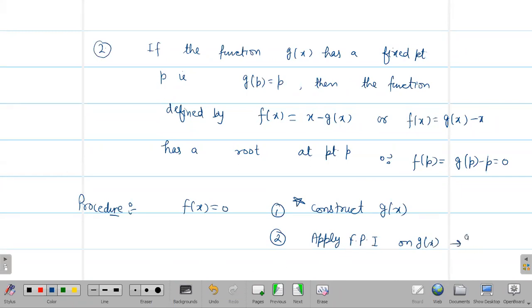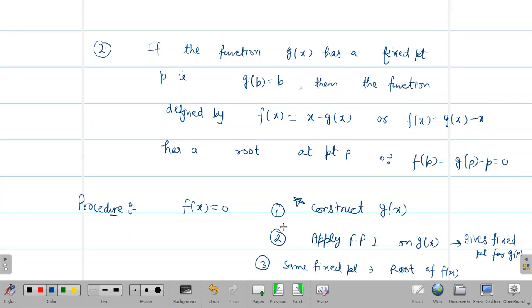That will give you the fixed point for g. That same fixed point will be the root for f. Means in the third step, you don't do anything. There is nothing to do. It is a root of f of x. So this is the main part, g of x.